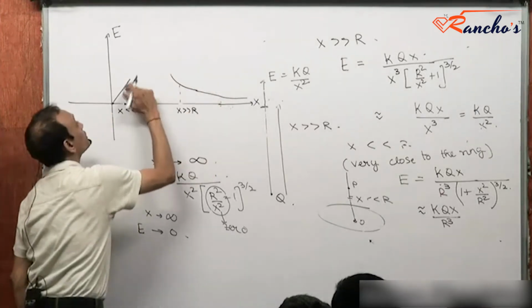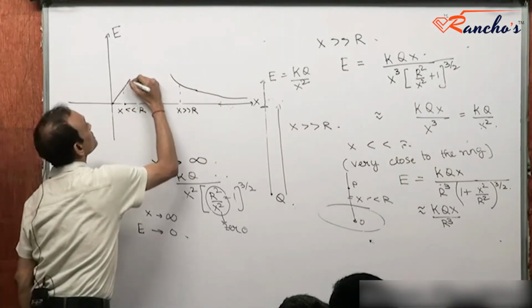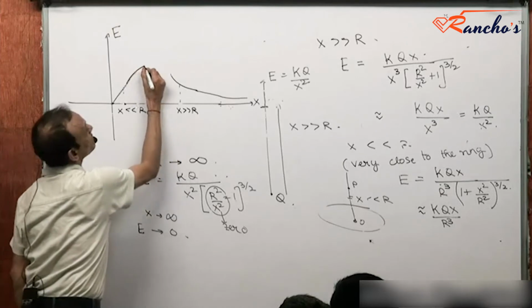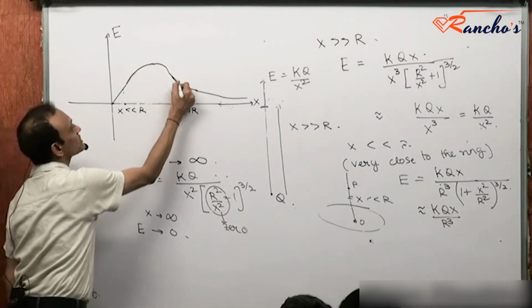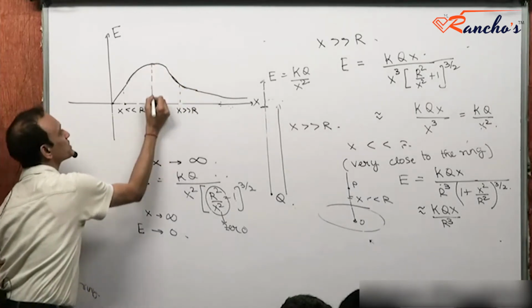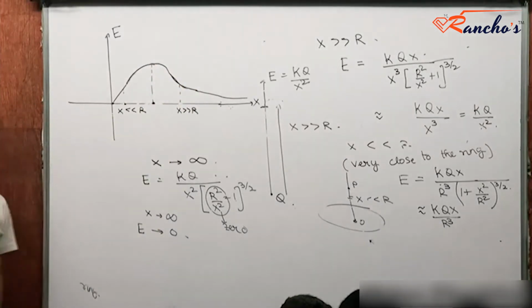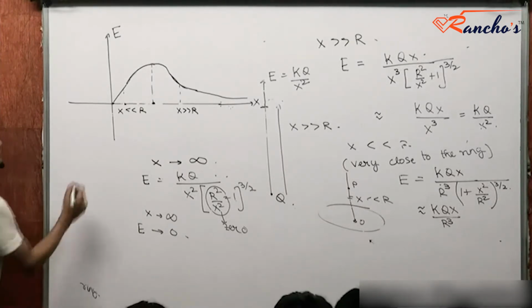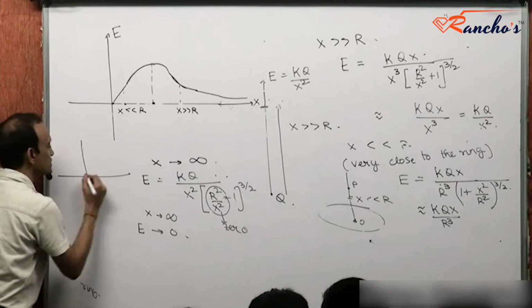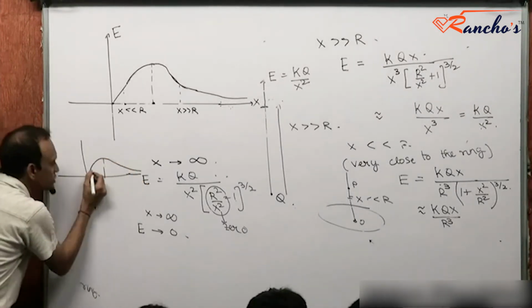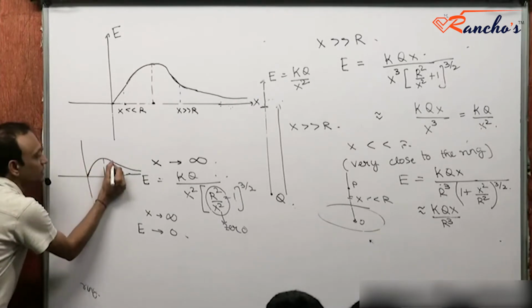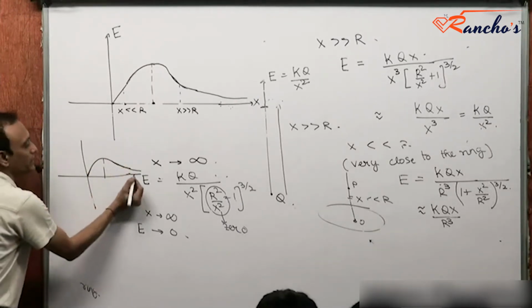That means on increasing, it must have somehow reached a maximum value, and then it must have started to decrease. So the electric field versus x is going to be like this. The initial portion is practically linear. This decreases as 1 by x squared.